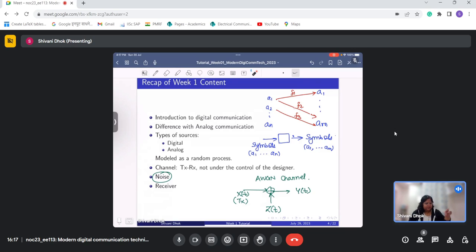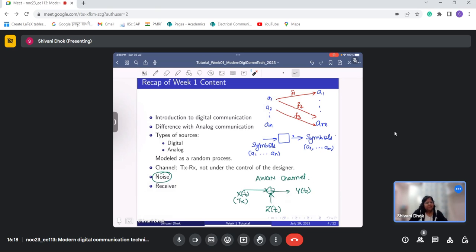At the receiving instant, what particular noise gets added, we don't know, but the probability or some PDF or some probabilistic statistics, we will know about it. So modeling the received signal based on noise and what is being transmitted will be an important aspect when we design how to detect what is being transmitted.